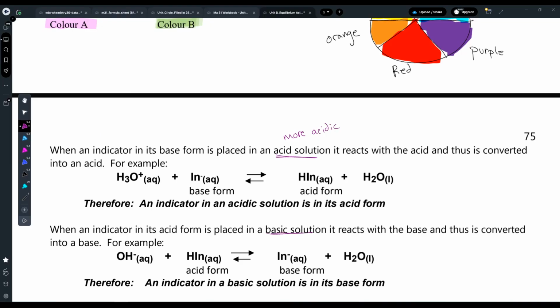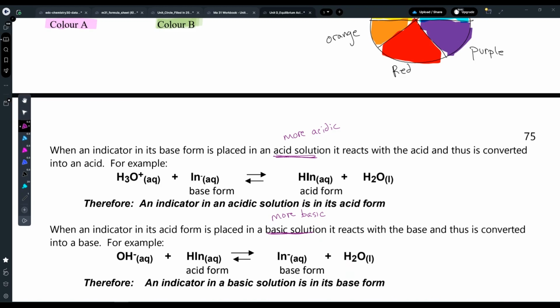And then when you put the indicator in something that's more towards the basic side, then the acidic form of the indicator will react with the solution to produce moles of the basic form of the indicator. So yes, our notes do say you put an indicator in an acidic solution, but we're really meaning a solution that's more towards the acidic side will produce molecules of the acidic form of this indicator.